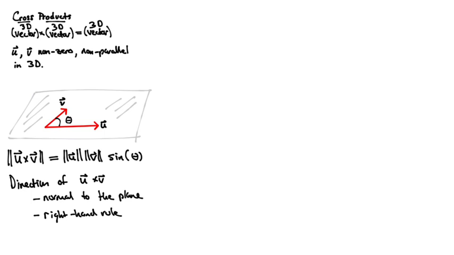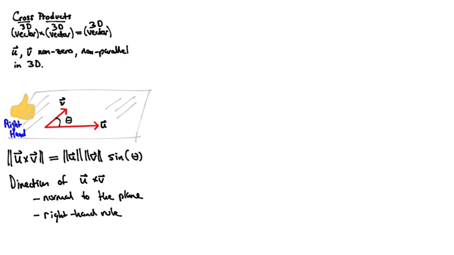So I'm going to draw in my picture a little right-hand figure there, and it is dependent on the fact that I put u first in this product and v second. So I want you to kind of now do this with me. Just take the fingers of your right hand and run them parallel in the direction of the vector u.